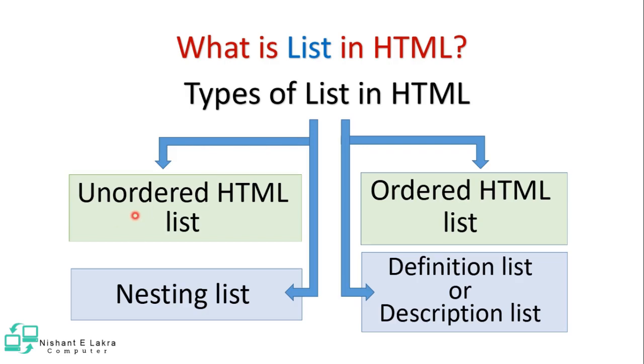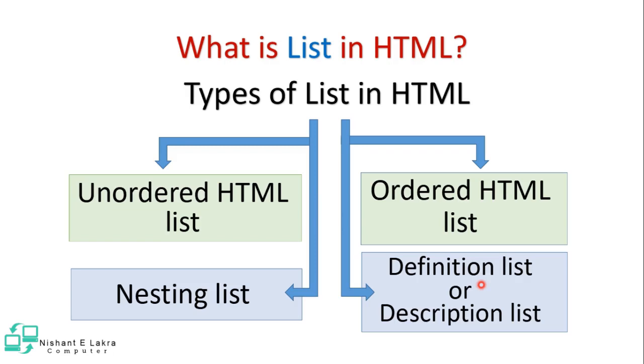Then we have the ordered HTML list. The third is the nesting list. Just by the name you should understand nesting means to link, connect. Then we have the definition list, or it is also called a description list.